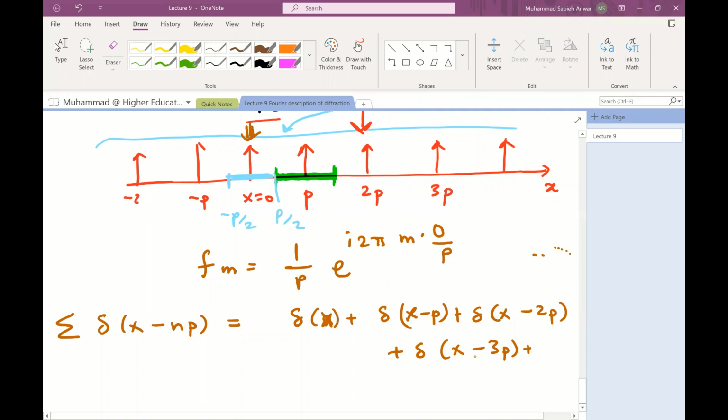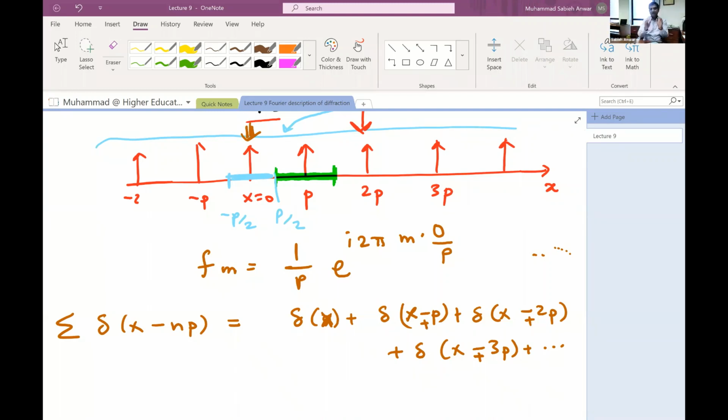And likewise, I have the positive signs as well. So what is this delta x? Delta x means a Dirac delta function at x equals 0. This is how we define the Dirac delta function. When the argument as a whole becomes equal to 0, that's where the peak exists.